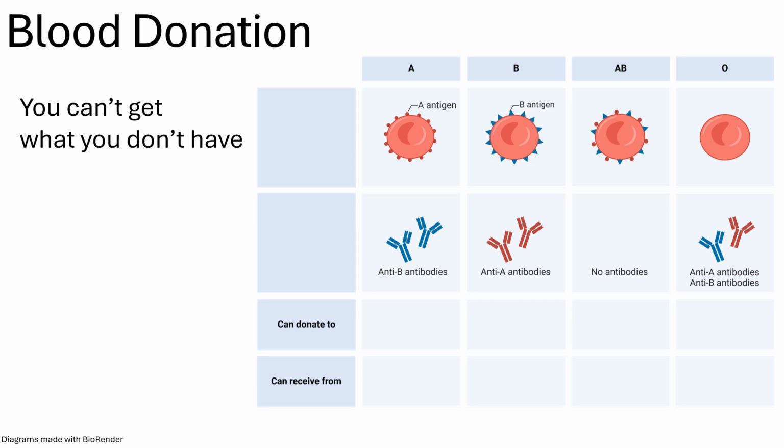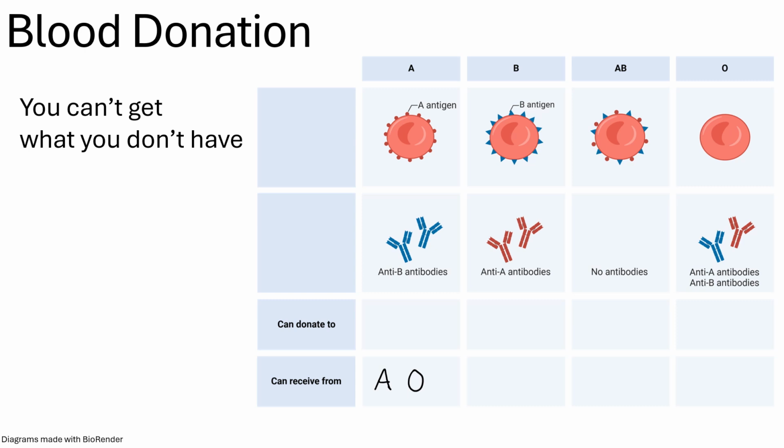Because they have something you don't have. If you're blood type A, you can't receive from blood type AB because, again, they have something that you don't have. So if you're blood type A, you can certainly receive from people who are blood type A, but you can also receive from blood type O people because they don't have anything that you don't have.